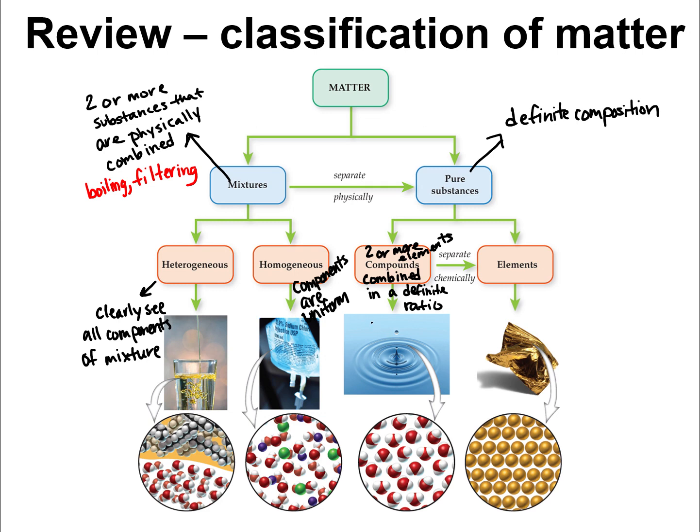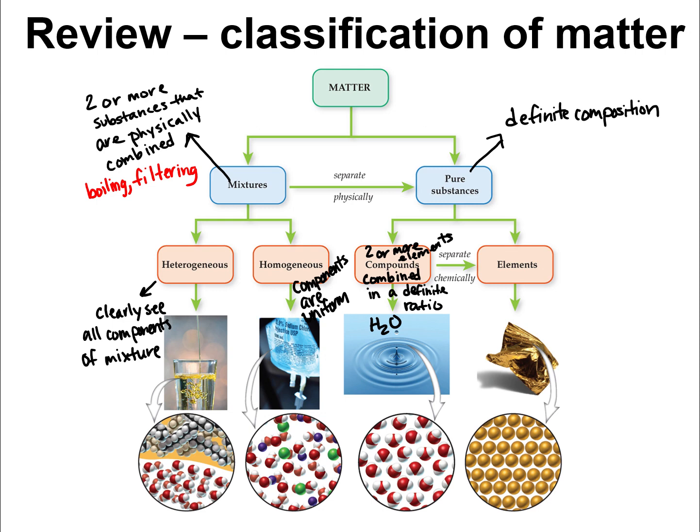Here shown is water. That's H2O. It is always 2 hydrogen atoms and 1 oxygen atom. If there's any more or any less, it's no longer water. That's a compound.